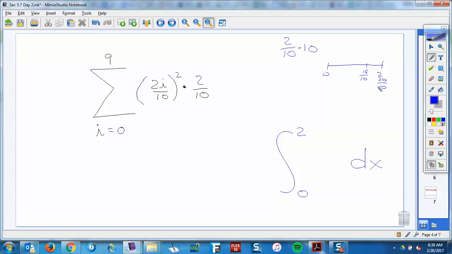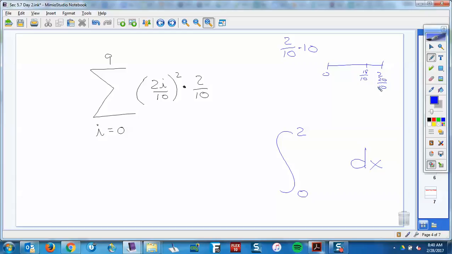We plug a 0 in to get the first rectangle, and we plug a 9 in to get the last rectangle, right? The last rectangle is at 18/10, so that's where your last left rectangle height should be, 1 width short of the right edge. So you plug a 9 in, you get 18/10. That's 2/10 short of the right edge, which would be 20/10. Oh, 20/10 is 2. So the right edge should be 2. So you can get the right edge either by knowing the total width, right?